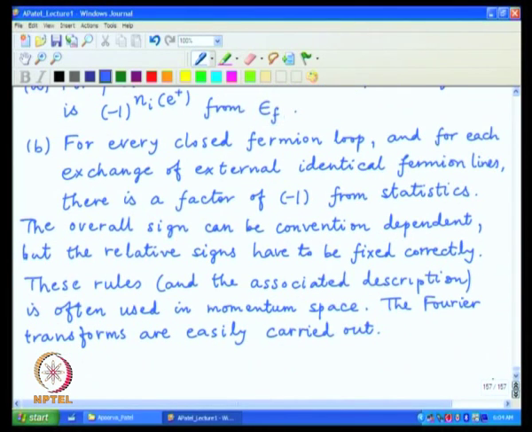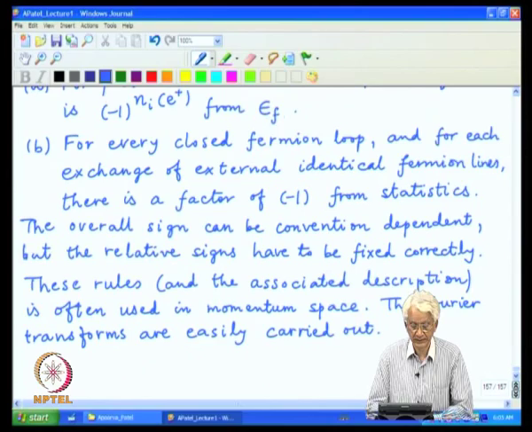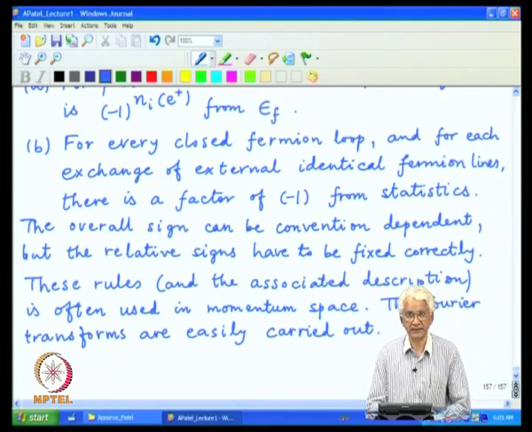And what happens in this Fourier transform is that you have generic factors like e raised to i p dot x for every point. So, in case of a vertex it is just a single factor. In case of a propagator it will be a factor like e raised to i p dot (x minus y), where x and y are the two ends, and then one has a description of the vertex and propagator both in momentum space.